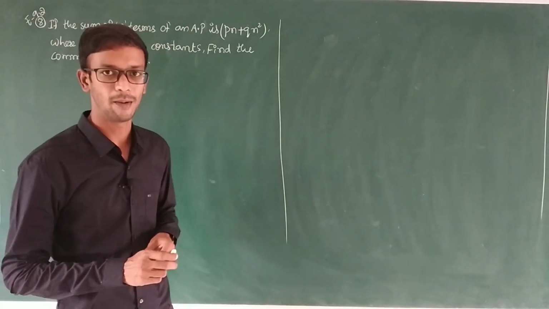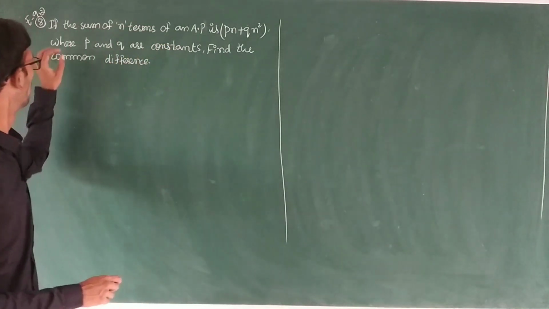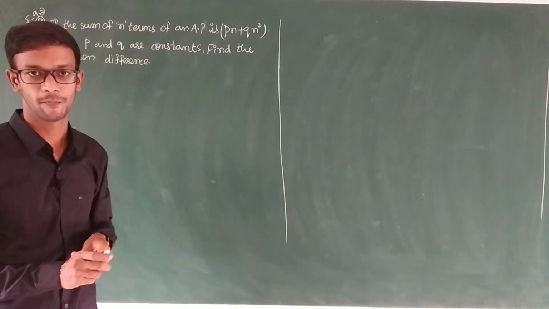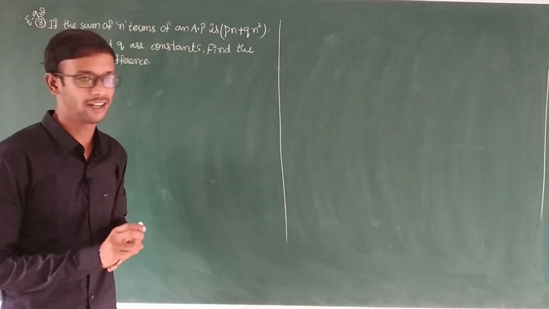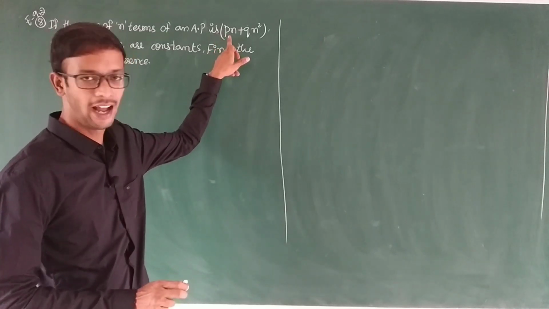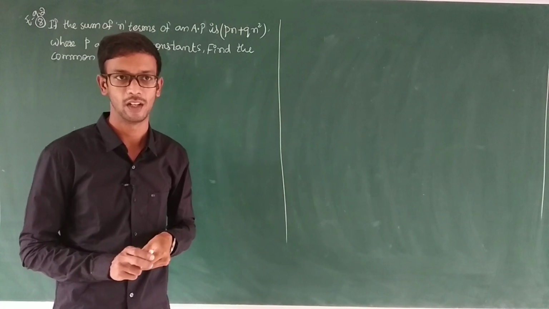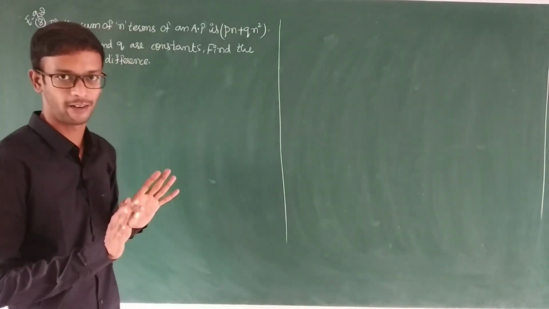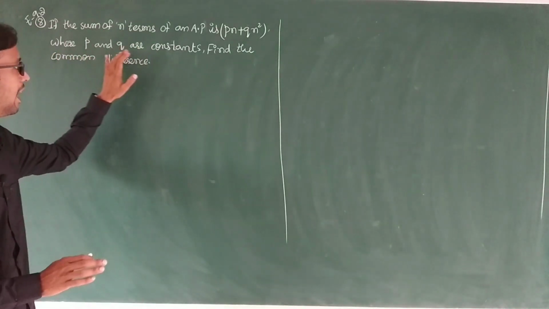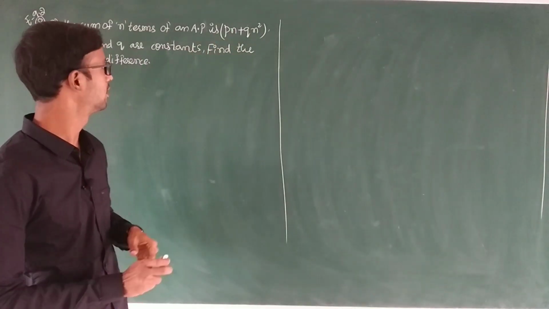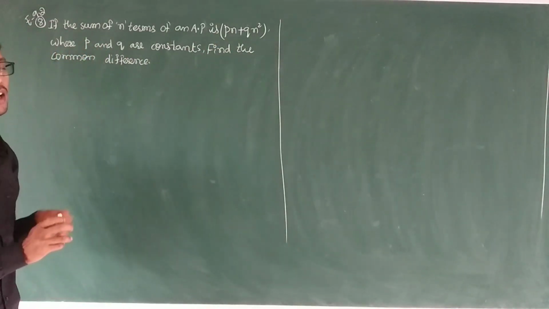Next, problem number 8. If the sum of n terms of an AP is Pn plus Qn square, where P and Q are constants, find the common difference.